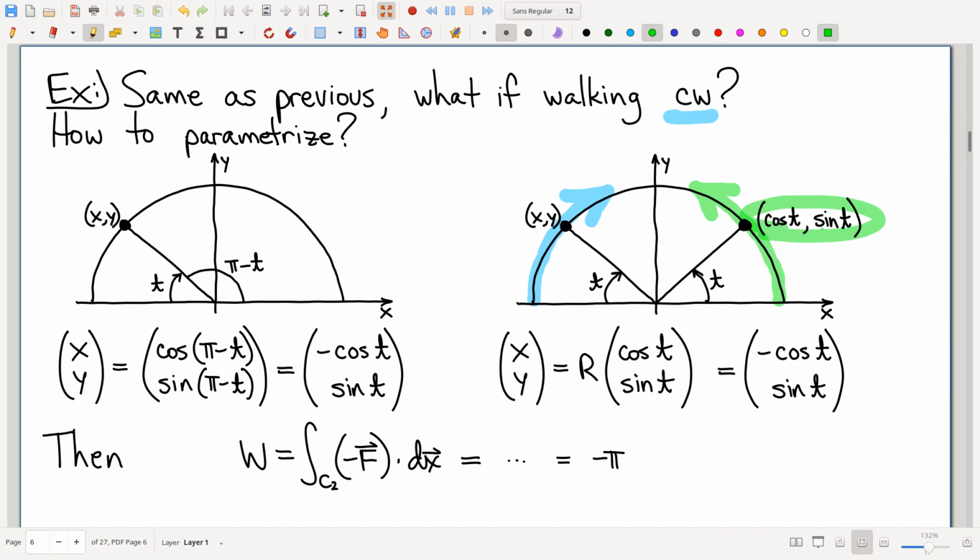In fact, they are exactly reflections of each other over the y-axis. And it's real easy to see how to do a reflection. When you reflect over the y-axis, the y-coordinate doesn't change, and the x-coordinate just becomes the negative of what it had been. Real easy formula for reflecting over the y-axis.